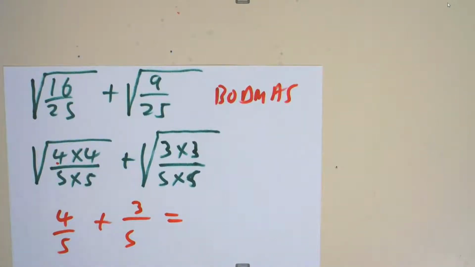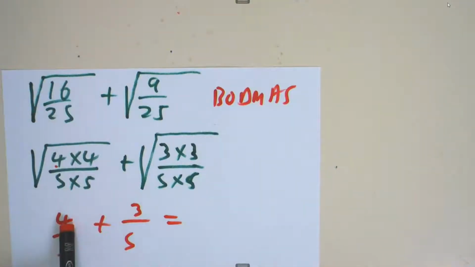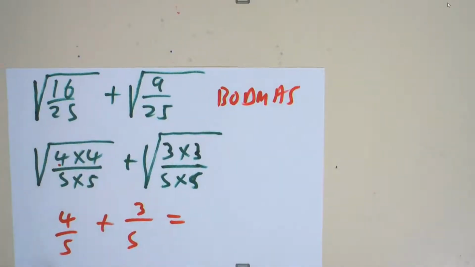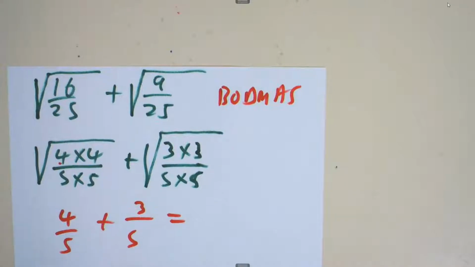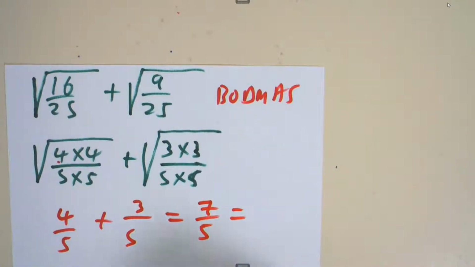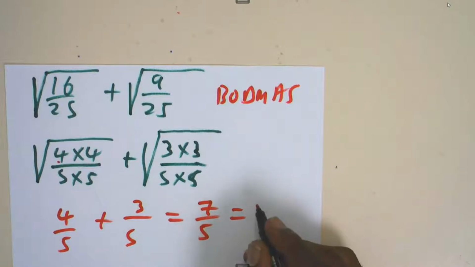Square numbers, square root. Remember our LCM. Therefore, it will be 4 plus 3 is 7 over 5. Then how many 5s into 7? 1, and you are left with 2 over 5.